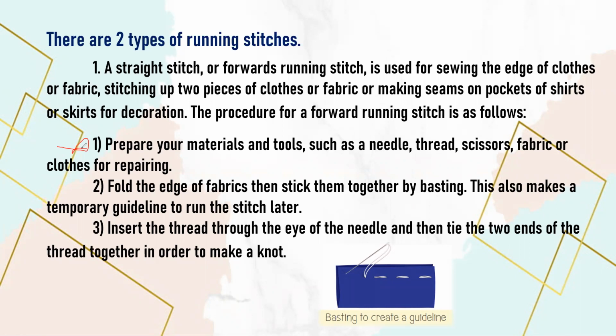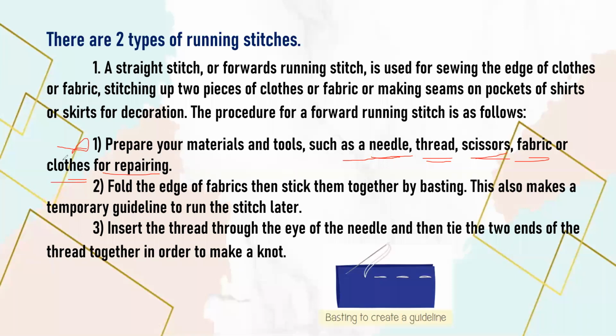What kind of material do we require? We require different kinds of material and tools, such as needle, thread, scissors, fabric, or cloth for repairing. These are the materials we require. So we have to prepare our materials and tools. The most important ones are needle, thread, scissors, fabric, or cloth for repairing.